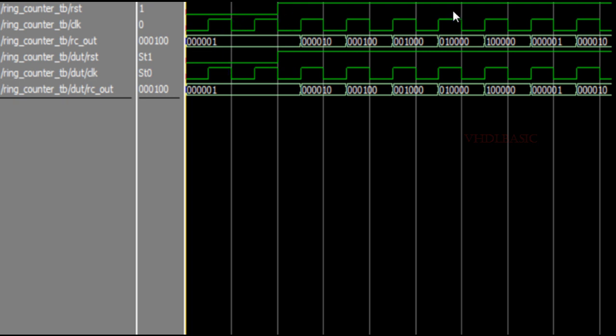Once the reset is deasserted, the 1 is shifted to the second LSB bit, and then again it is shifting like this, and once it is coming to the MSB, again it will go to the LSB bit. So here if you see 1 2 3 4 5 6, 6 states are there. So the width is matching with the number of states present inside the ring counter.